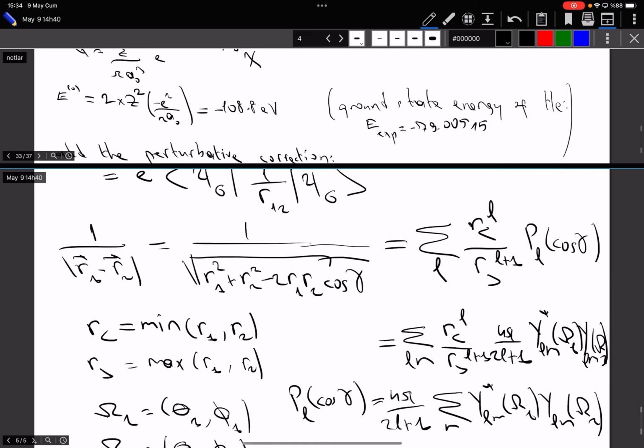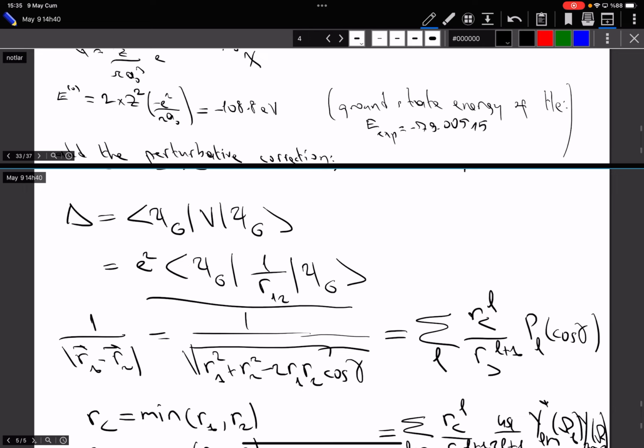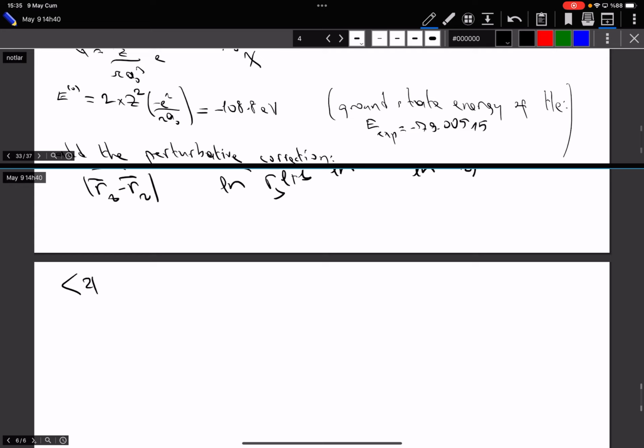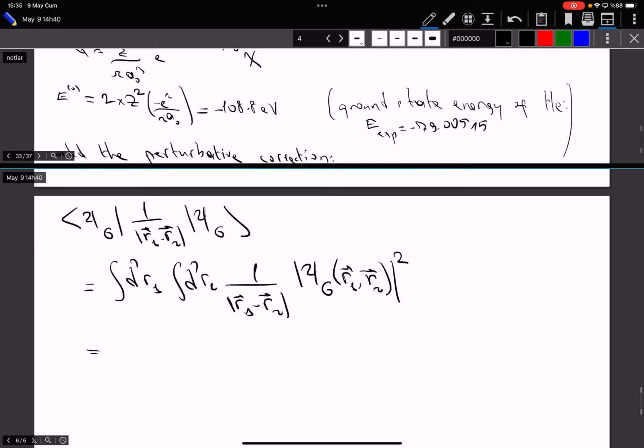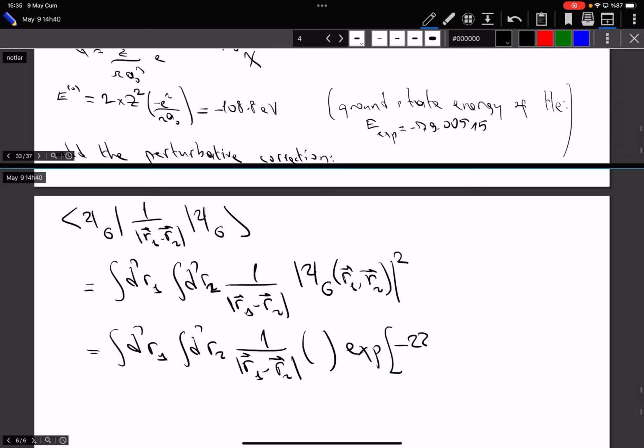Now let me just write a couple more steps. Eventually I wanted to calculate that integral: d cubed R1, d cubed R2, 1 over the absolute value of R1 minus R2, times psi g of R1, R2 squared, then some normalization factor, exponent minus twice z times R1 plus R2 divided by a0.